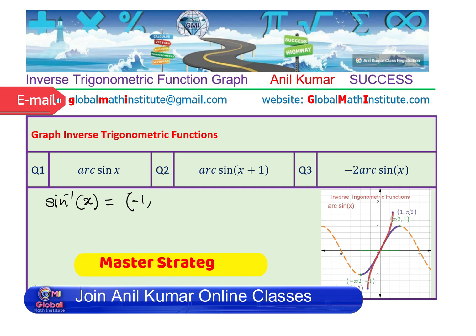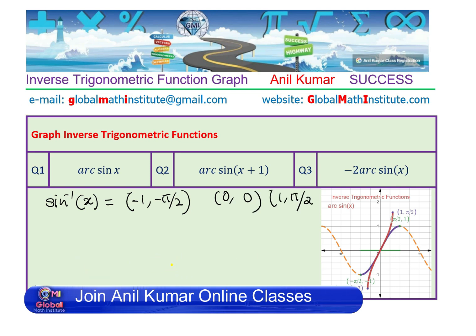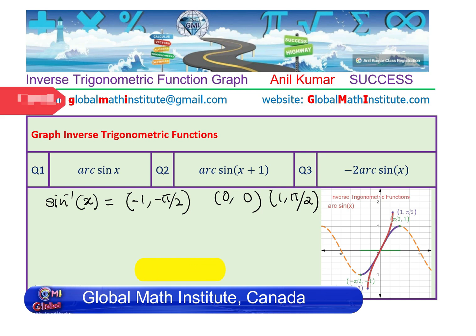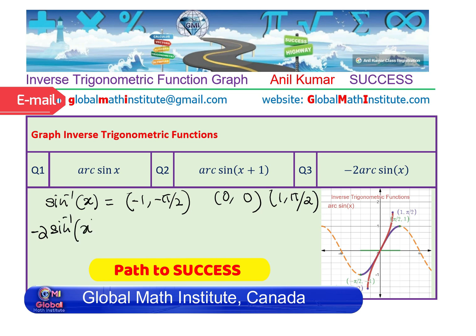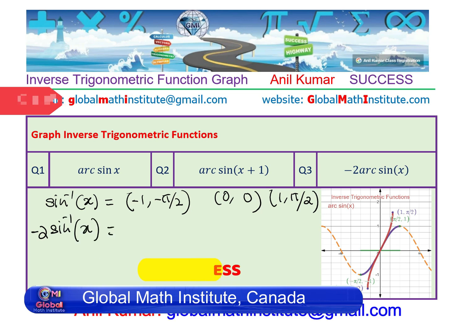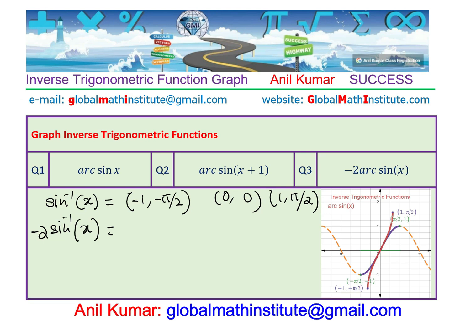So (-1, -pi by 2), (0, 0), and (1, pi by 2). So we are considering these 3 points for our transformations. And we have minus 2 sine inverse x. So here the transformation is vertically stretched by a factor of 2 and reflected on the x-axis. So the x values remain the same, right?